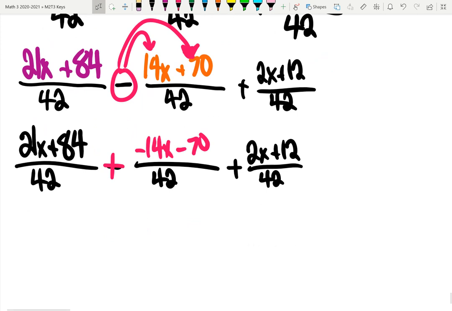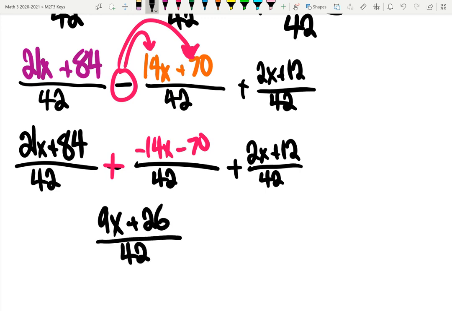Let's go ahead and combine my x's. 21x minus 14x is going to be 7x, plus 2x is 9x. 84 minus 70 is going to be 14. 14 plus 12 is going to be 26 over 42.